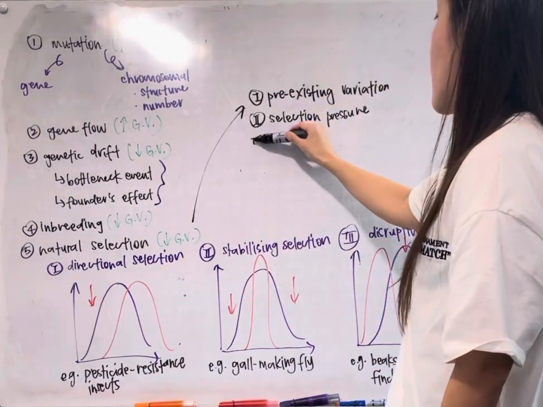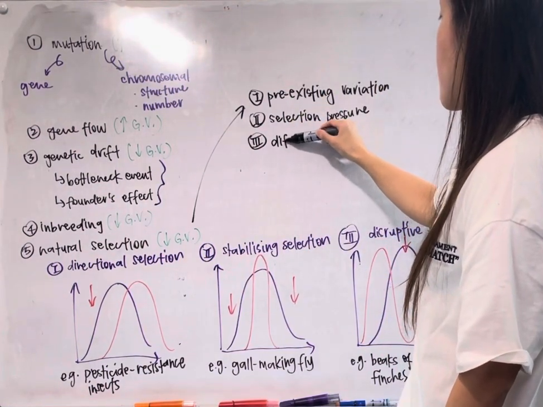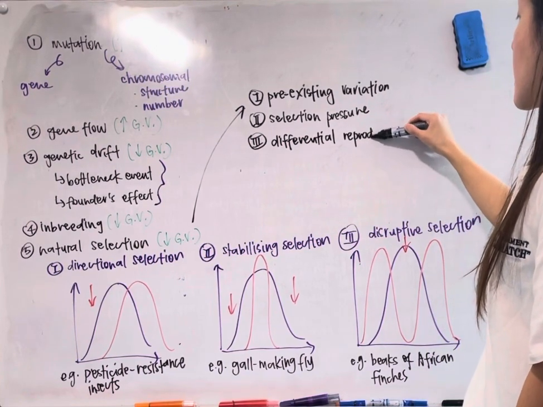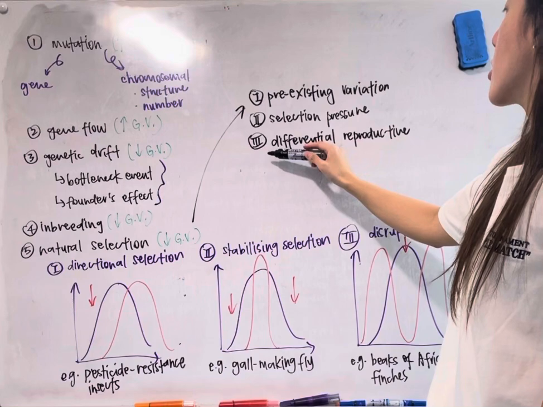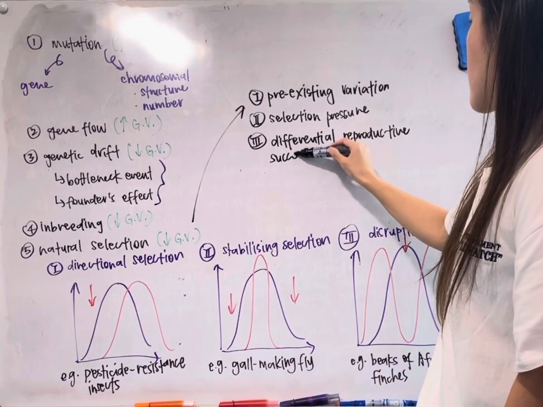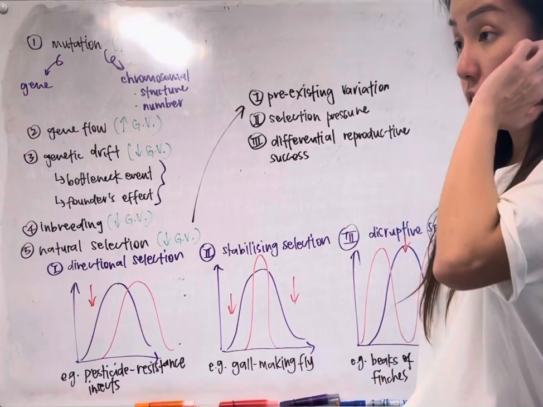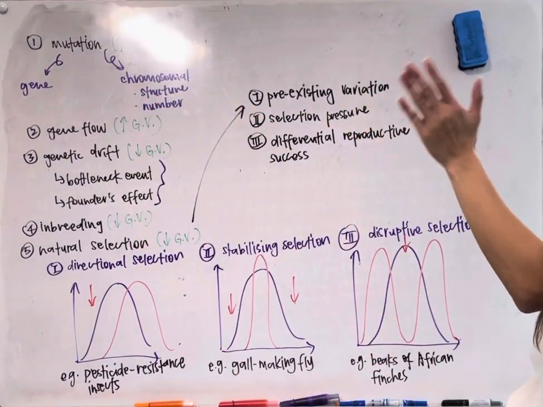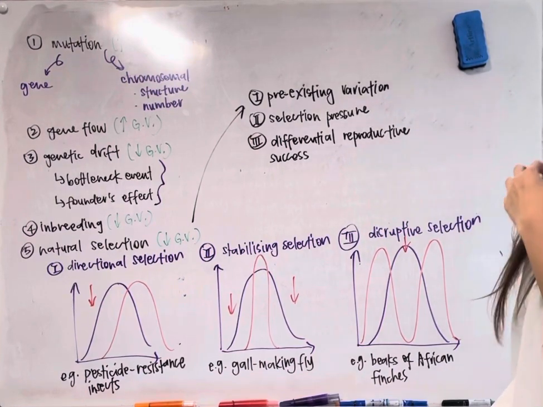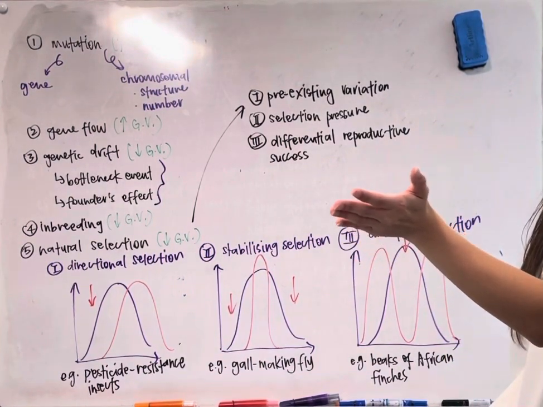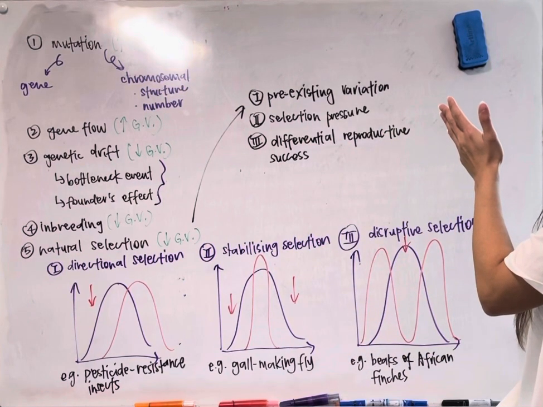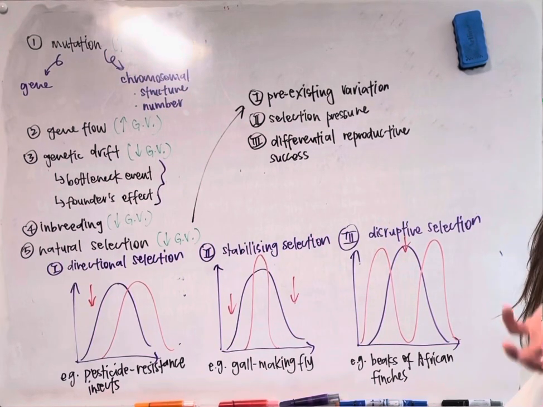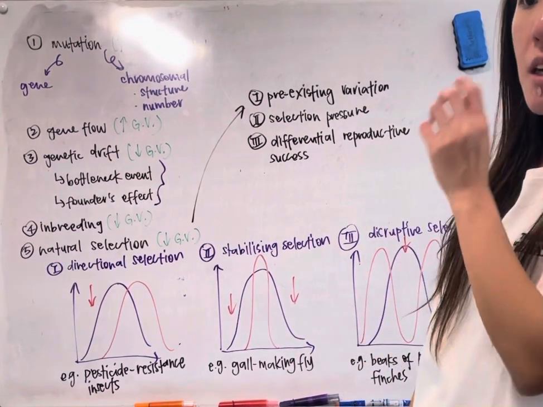Third one, this will definitely bring about what we call differential reproductive success. Which is what I made you chant just now. The individuals are better able to form viable fertile offspring, so you can pass down favorable alleles to subsequent generations. I guarantee you the keywords are always the same. You are memorizing keywords so you can fit them into your answers appropriately.